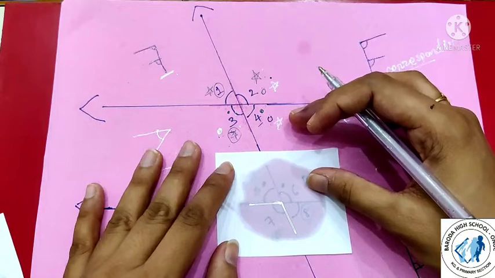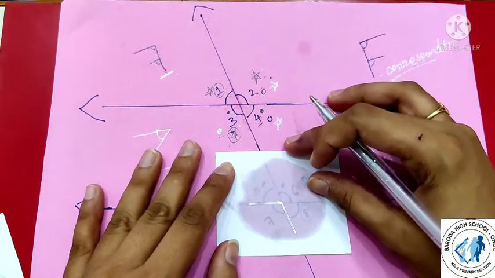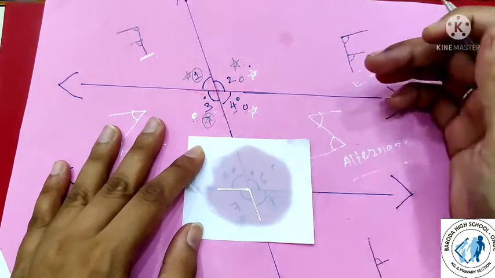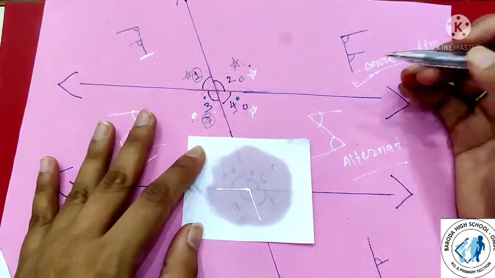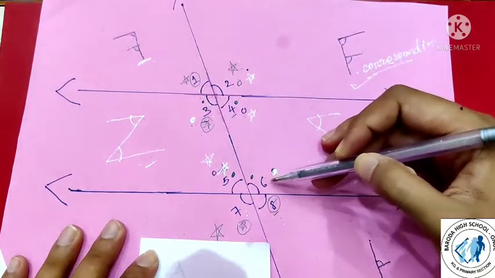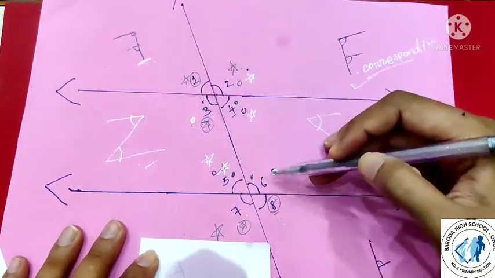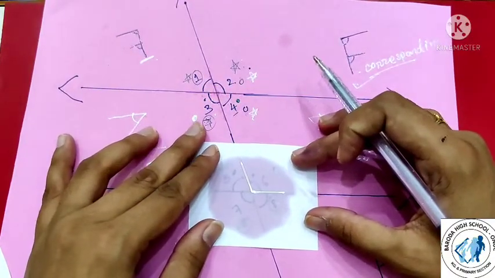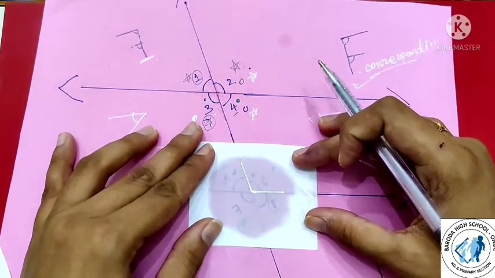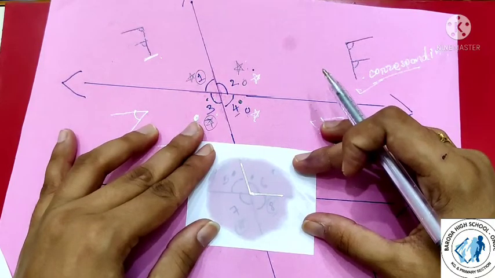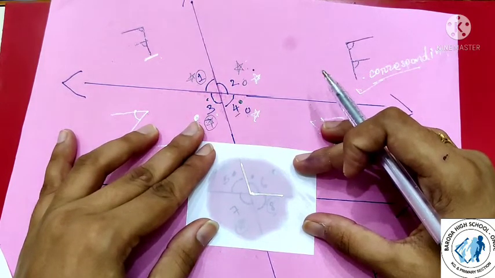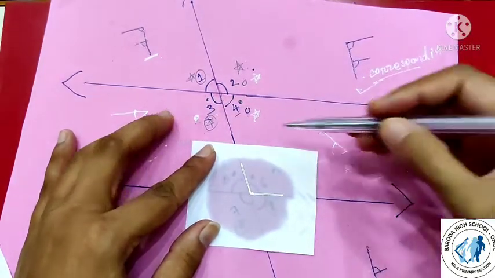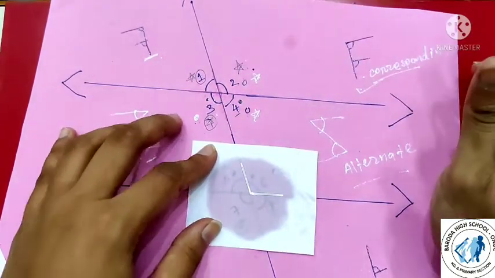So here I am putting it on 7 and this is exactly the same, right? Now 3 is an alternate angle with 6, correct? So 3 and 6 should be same. So my 6 is like this, correct? So they are same, isn't it? Angle pairs with 3 are matching exactly.